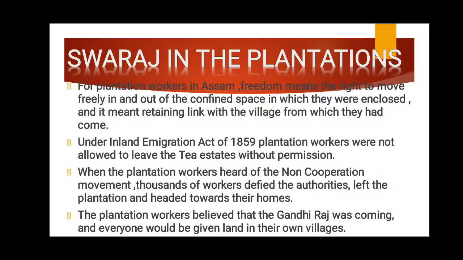Under the Inland Emigration Act of 1859, plantation workers were not allowed to leave the tea estates without permission. When they heard of the non-cooperation movement, thousands of workers defied the authorities, left the plantation, and headed towards their homes. They believed that the Gandhi Raj was coming and everyone would be given land in their own villages.